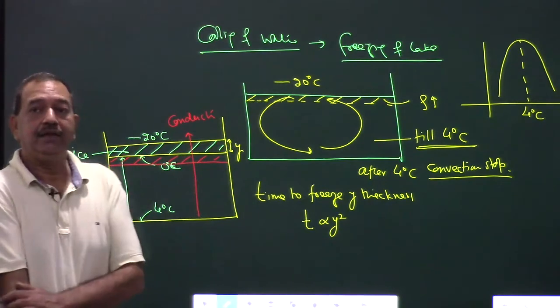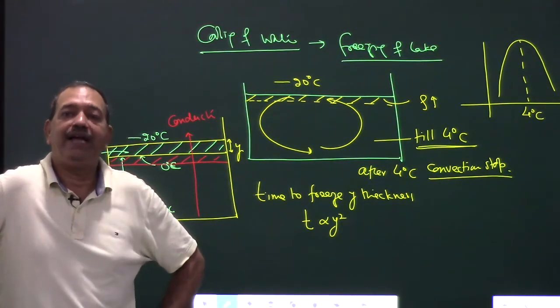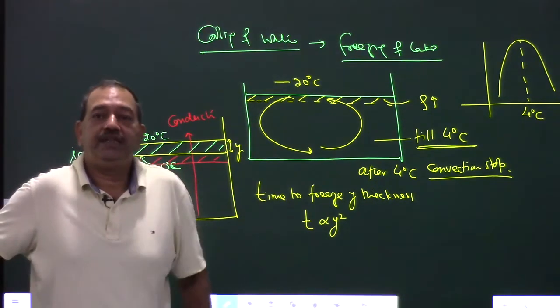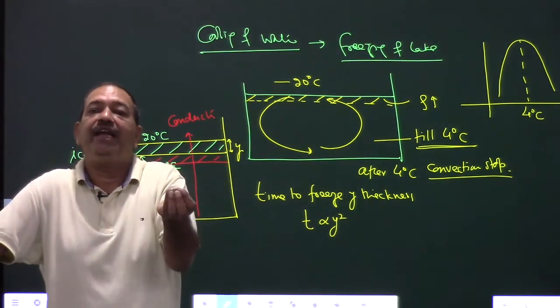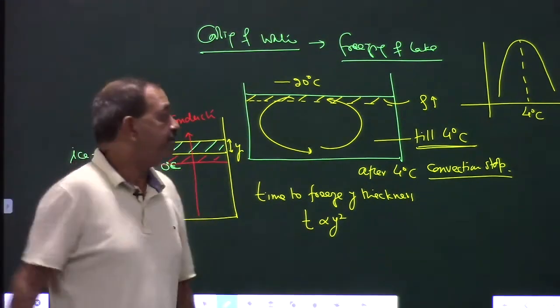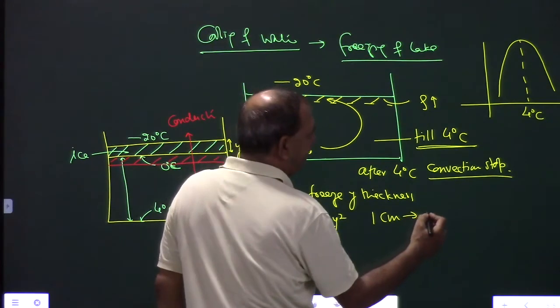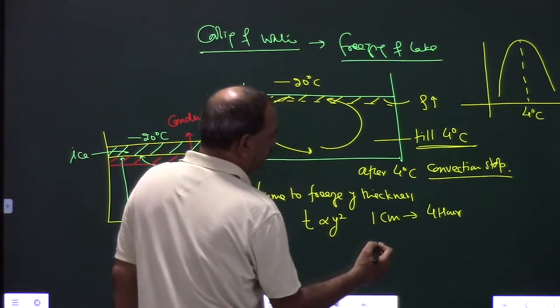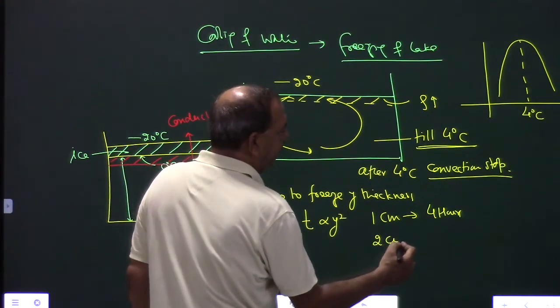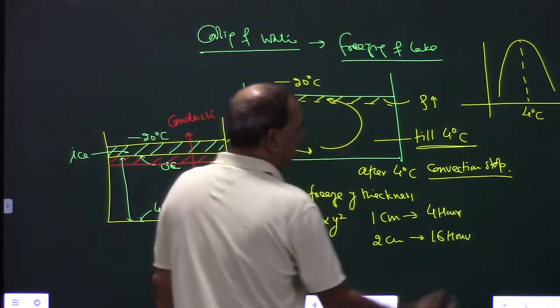Y square यानी जो थिकनेस का स्क्वायर है उतना टाइम होगा. मीन्स अगर थिकनेस डबल करता हूं, सो इट विल टेक 4 टाइम्स. लाइक फॉर 1 centimeter if it takes 4 hours, so then for 2 centimeters it will take 16 hours, right?